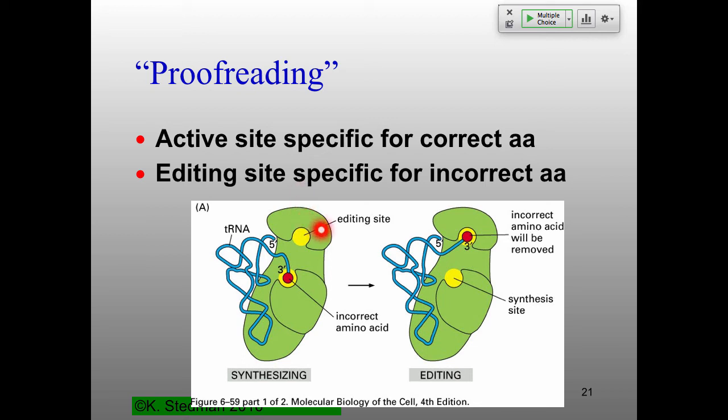And it turns out the specificity here is actually specificity for the incorrect amino acid. So we'll take, for instance, the phenylalanyl aminoacyl tRNA synthetase. If it puts on a tyrosine, that tyrosine can go into this editing site and get cut off. Phenylalanine, however, cannot get put into here.